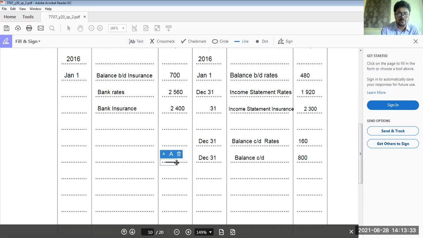Now what we have to do? Okay. Now get the totals. Totals must be same for both the sides. 700 plus 2,560 plus 2,400, 5,660.